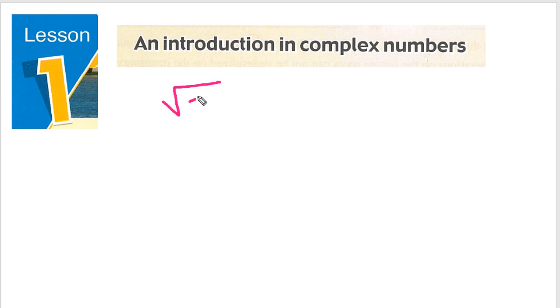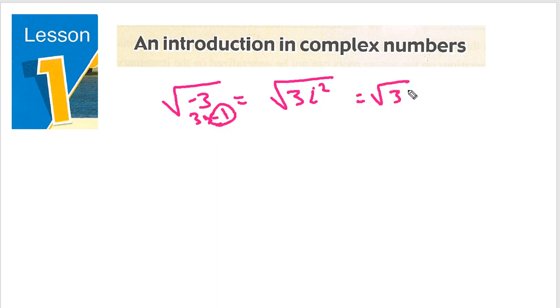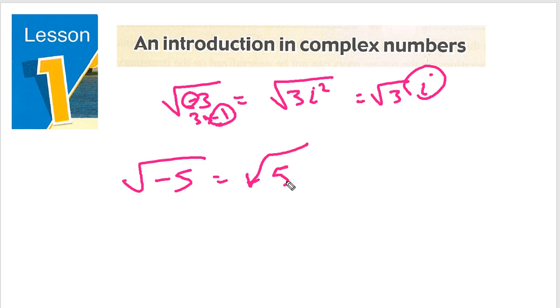Square root of negative 3 will be root 3 times i. The square root of 3 times negative 1, and negative 1 is i squared, then it will be root 3 i. Then negative means i. Okay, then root negative 5 will be root 5 i.